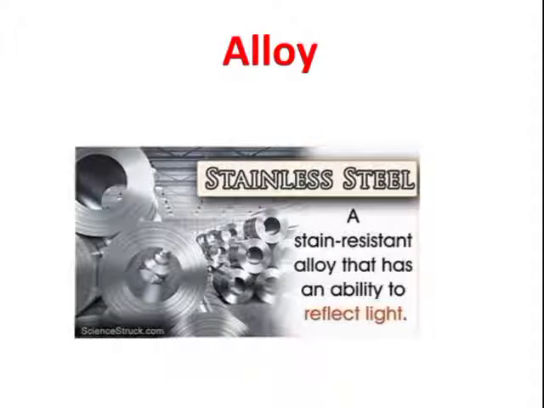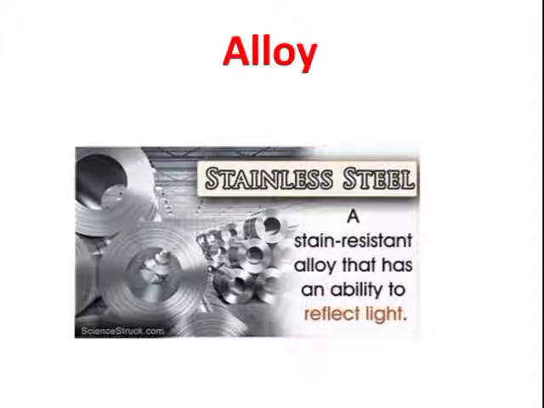Now let's see the next topic, alloy. Alloy means a homogeneous mixture. A homogeneous mixture of two or more metals, or a homogeneous mixture of a metal with non-metals, is called an alloy. Alloys are made by mixing constituent elements as per the requirement.